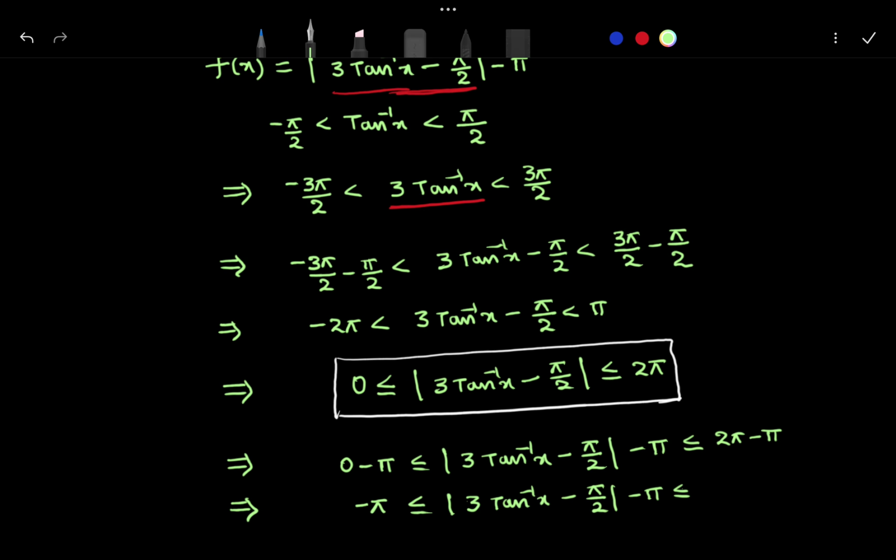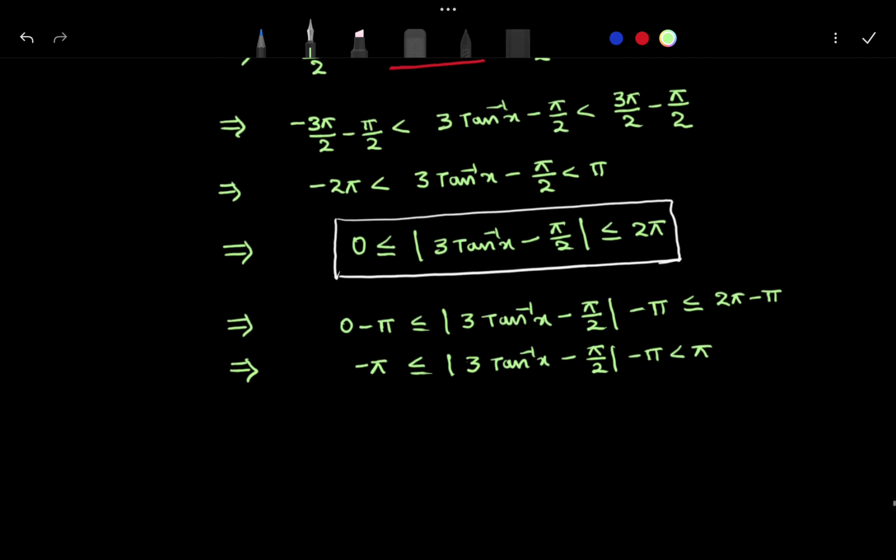Here you have to take only less than for the upper bound. Now this middle part is nothing but f of x.